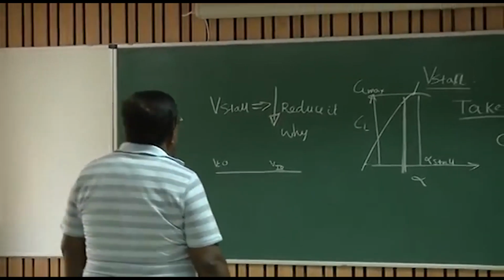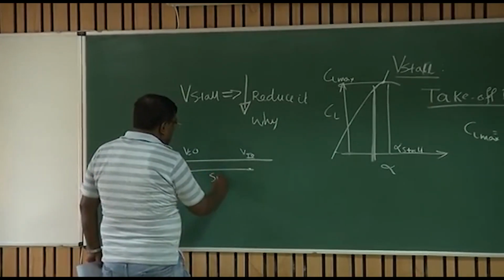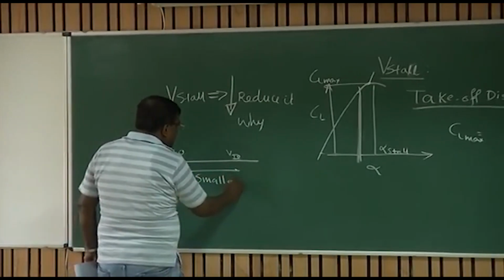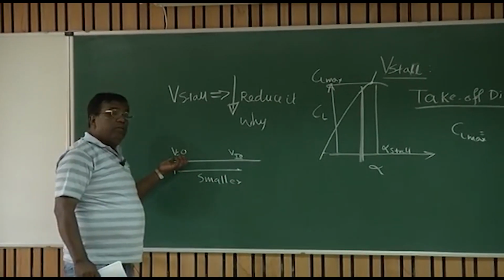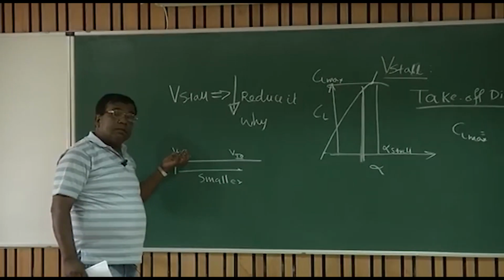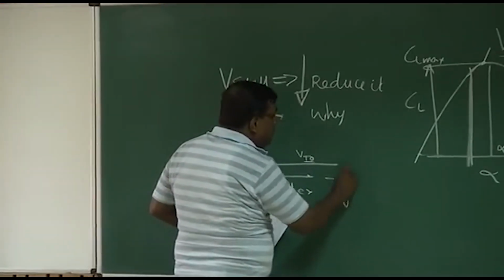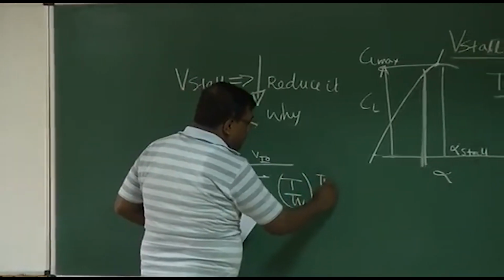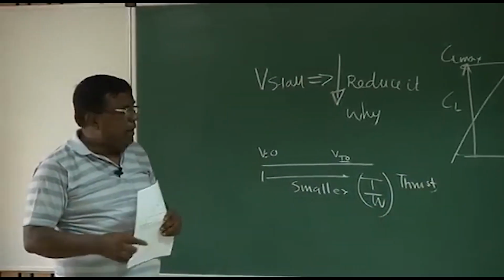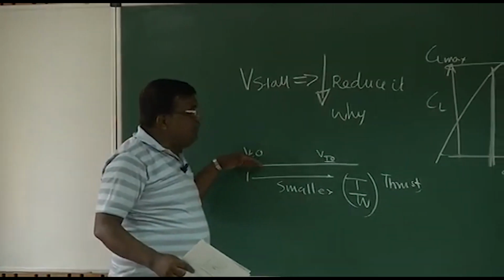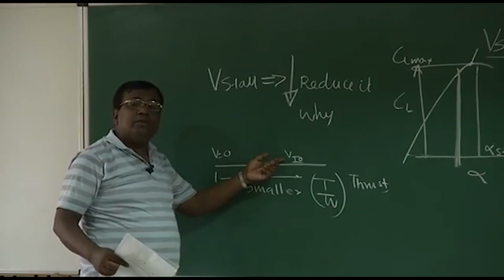If I want this distance to be smaller, what are the options I have? I can put in an engine which has a very high thrust to weight ratio, because this is responsible for acceleration. This T is thrust. Loosely we say a high power engine. Right? Then if it accelerates very fast, it takes a smaller distance to get to V takeoff.